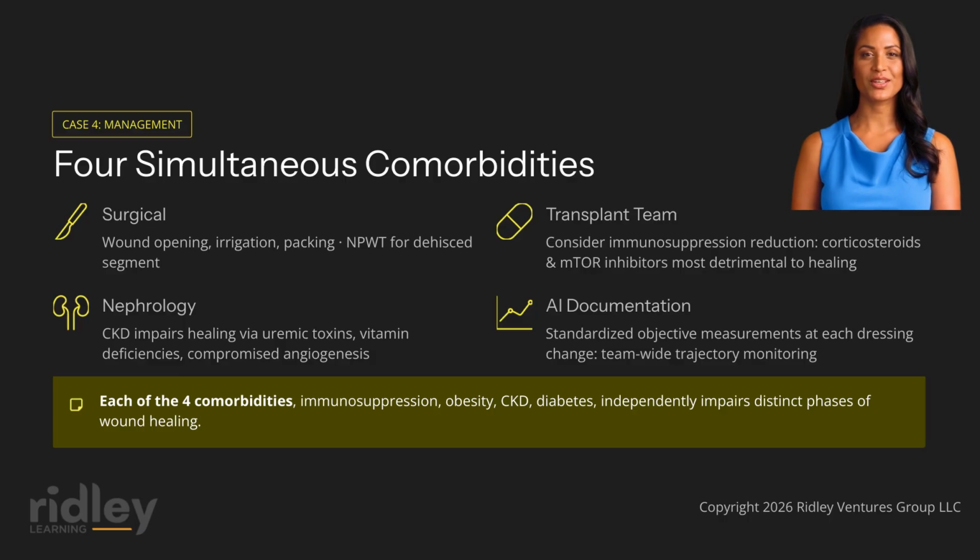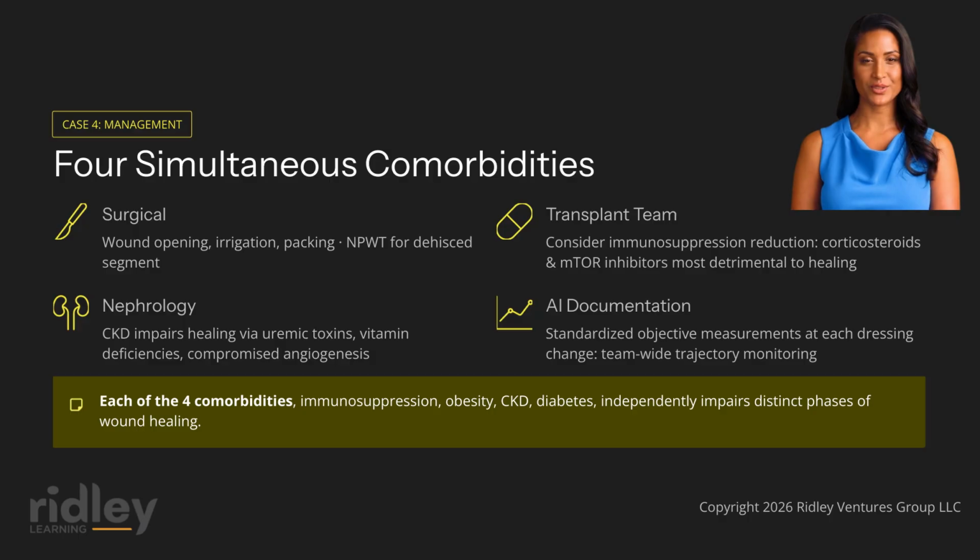This patient starkly illustrates the effect of comorbidities on wound healing. He carries immunosuppression, obesity, chronic kidney disease, and diabetes simultaneously, a constellation of risk factors that substantially reduces healing probability and increases the risk of wound complications. Each comorbidity independently impairs one or more phases of the wound healing cascade.